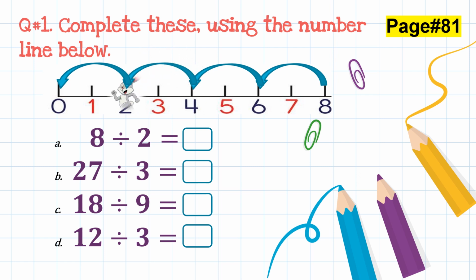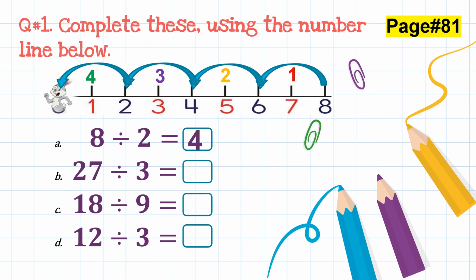And in the last step 2 is subtracted from 2 and the bunny jumps to number 0. Thus in 1, 2, 3, 4 steps the bunny reaches 0. Thus when 8 is divided by 2 we get 4.